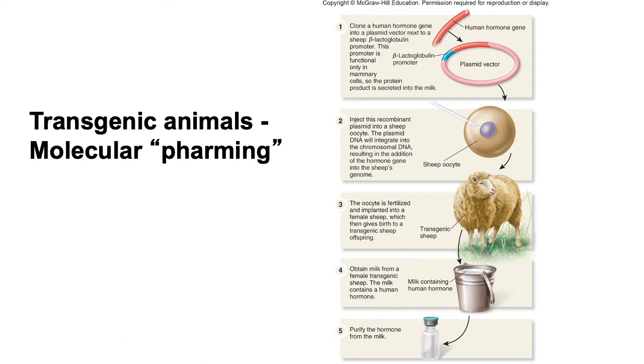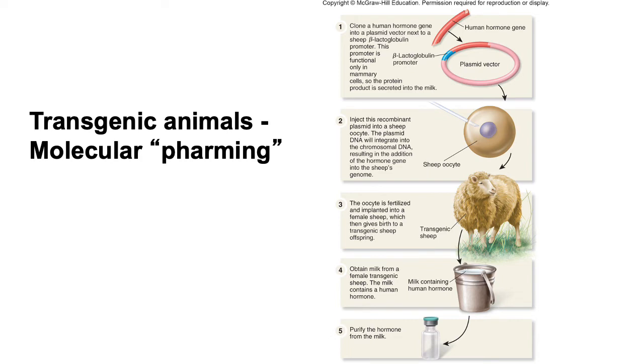And here's one example where you would take, again, we've got in the top panel, in this particular case, we've cloned a human hormone gene into a plasmid vector, and we've introduced then this human gene into a fertilized egg, and that DNA from the human hormone gene then becomes incorporated into the DNA of that sheep oocyte, and then that grows up to be a transgenic sheep.